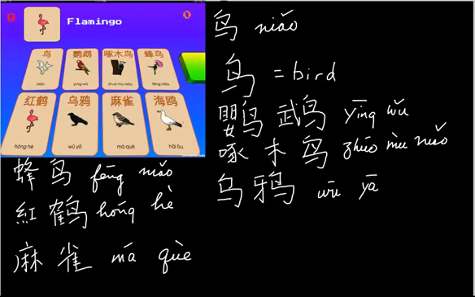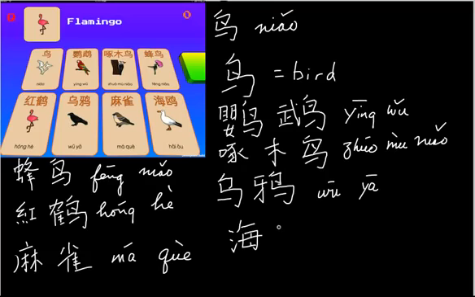And the last bird here, white and black, is a seagull, and it is a hai ou. Ou hai, with a 3-dot radical. When you see the 3 dots here, you know that it has something to do with water. Hai means ocean or sea.